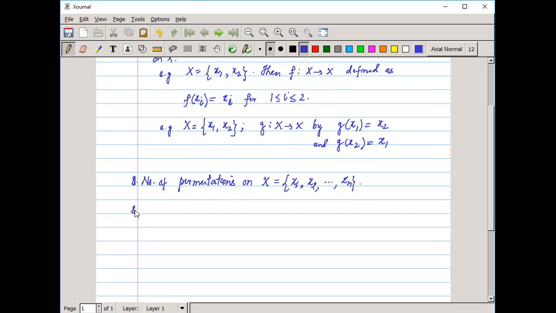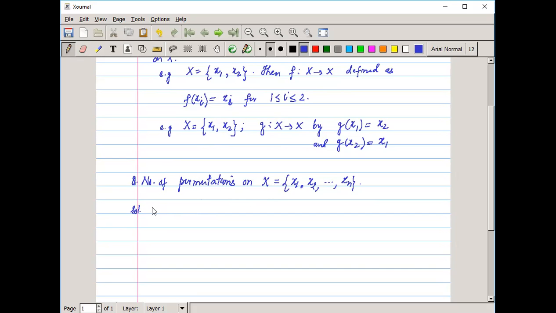Now before going into the solution, we shall keep one thing in mind, that every permutation is a bijection, and a bijection sends different elements of X to different elements of X. And we shall start the counting like this.